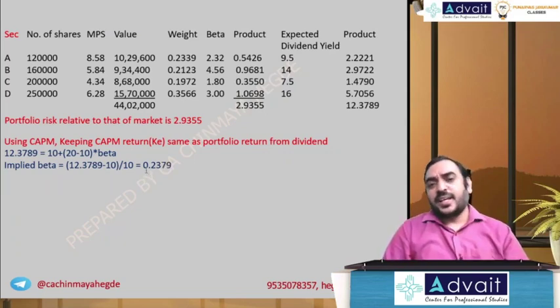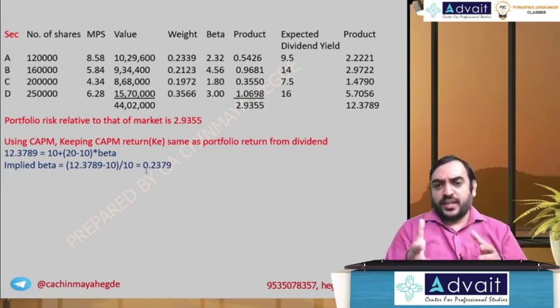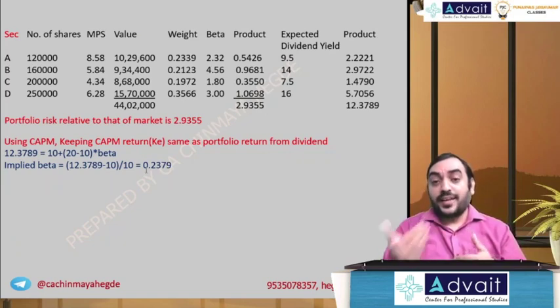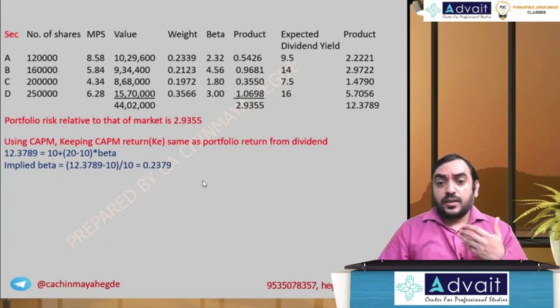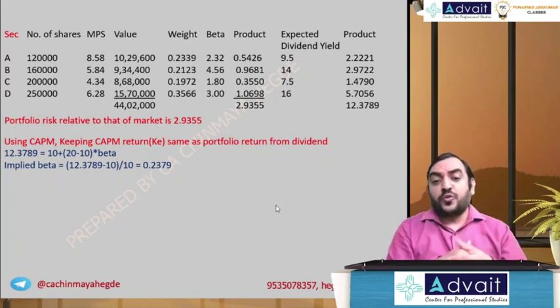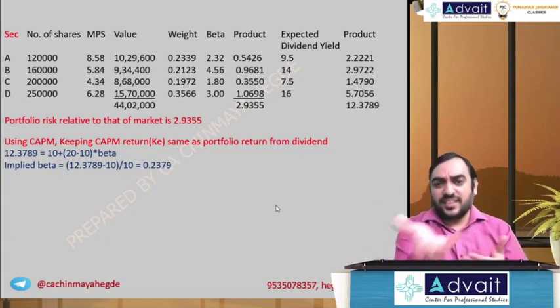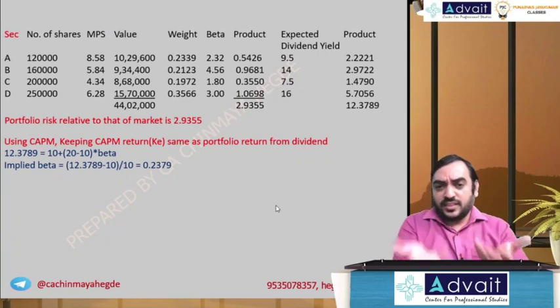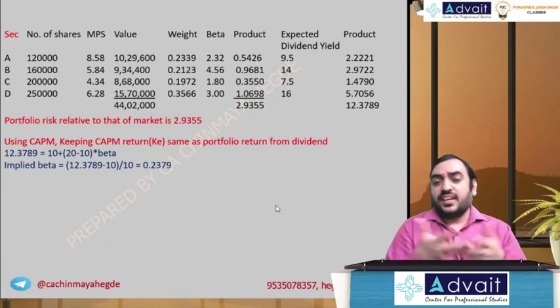Okay, so basically it means the current portfolio beta is 2.9355, but looking at its expected returns, it was supposed to have a beta of only 0.2379. So basically it means what? For the risk the portfolio is taking, it is not giving enough returns, right?